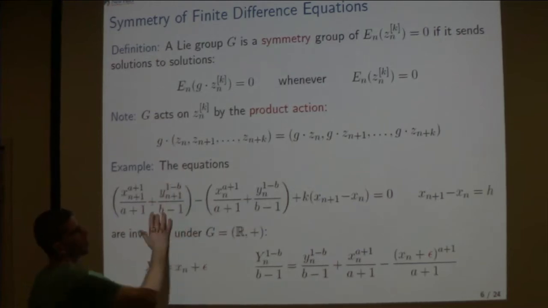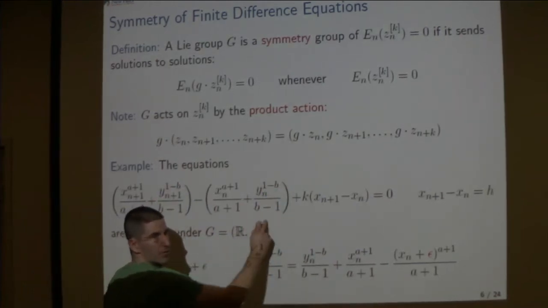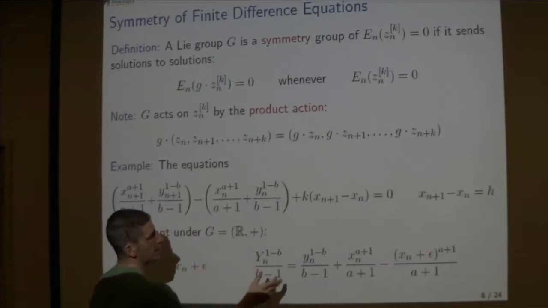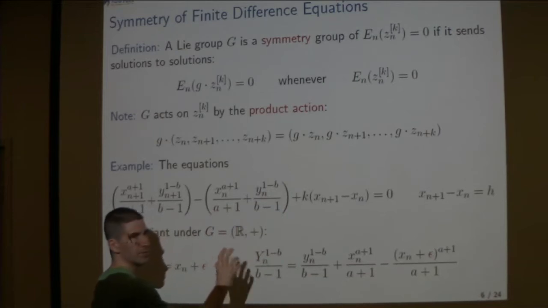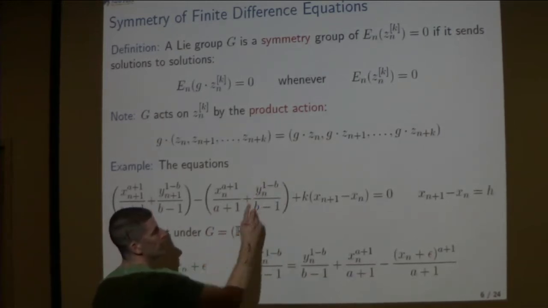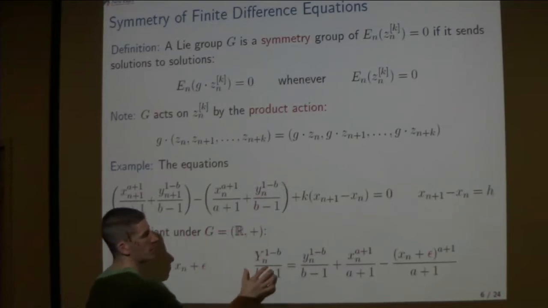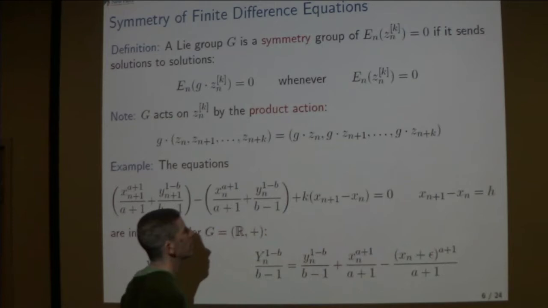Now if you ask yourself how this fraction transforms, the answer is that this thing here, in capital letters, means the image of a transformation. So this ratio, if you act with the group, will transform according to this formula here. Okay, that's what it means.